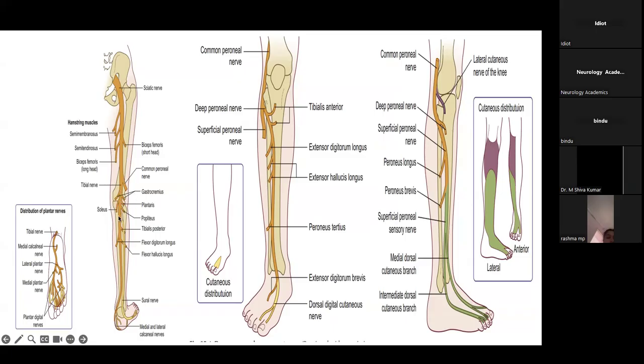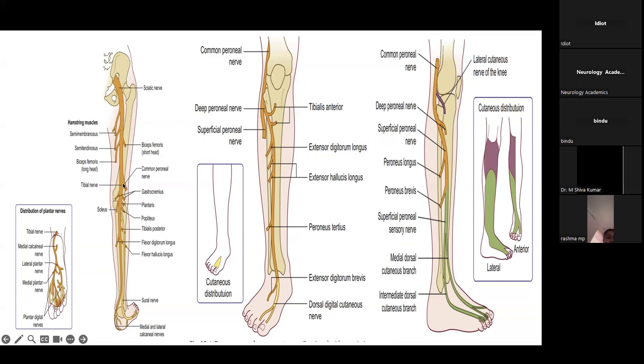Here the tibial nerve supplies the posterior compartment of the leg: gastrocnemius, plantaris, soleus, popliteus, tibialis posterior, flexor digitorum longus and flexor hallucis longus. All the posterior muscles of the leg are supplied by the tibial nerve, and it continues down and supplies the muscles and sensory supply in the foot, mainly on the plantar surface.